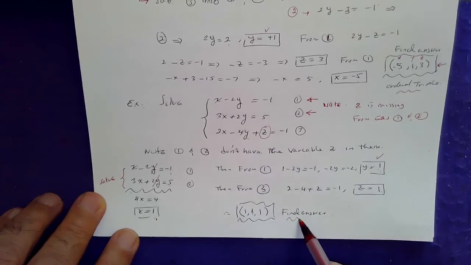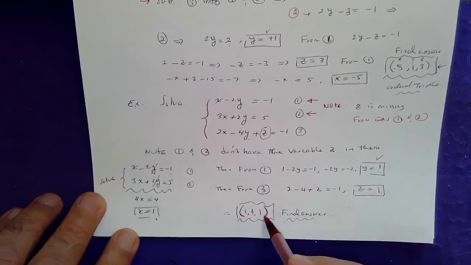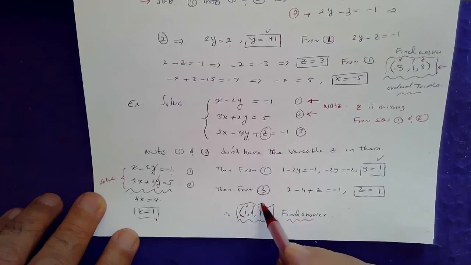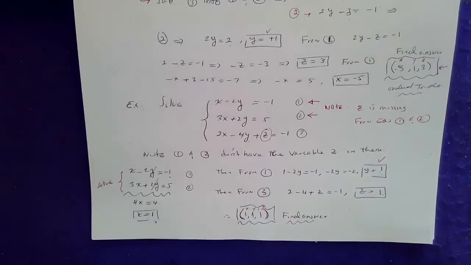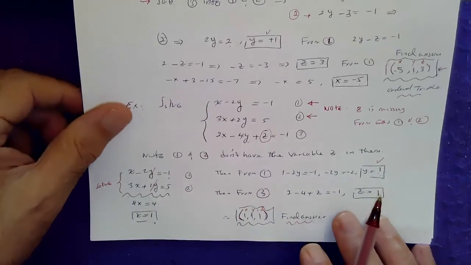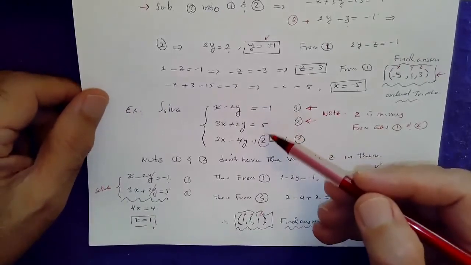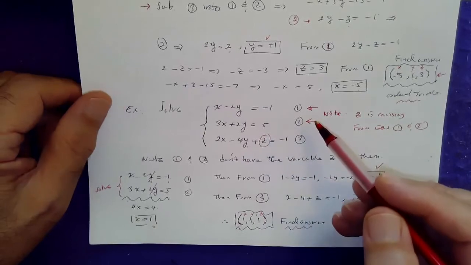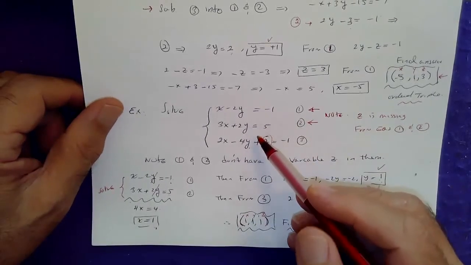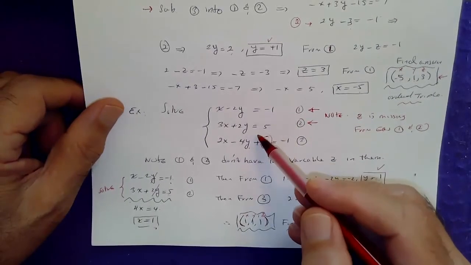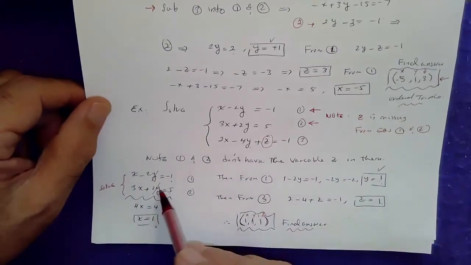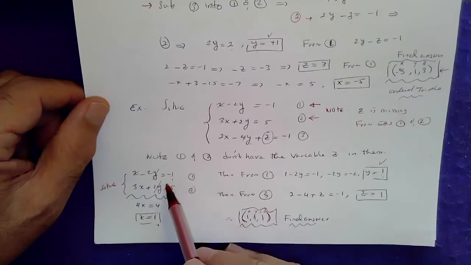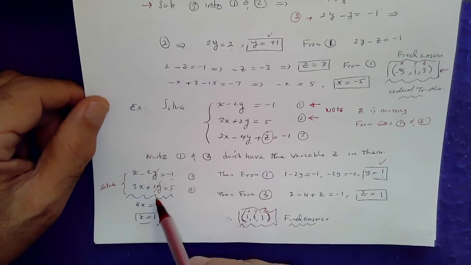So the final answer is parentheses 1 comma 1 comma 1. Remember, that's your x, that's your y, and that's your z. Okay? So when some of the equations are missing a common variable, that's good news. So you take those two equations which are missing the common variable, form a system of linear equations in two variables, pretend you are in section 4.1, and solve for x and y.